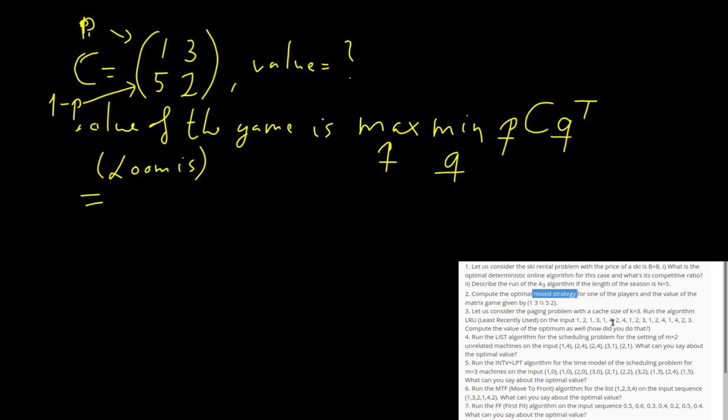So by the Loomis theorem, it's the same as the maximum over all those probability distributions p of the minimum.